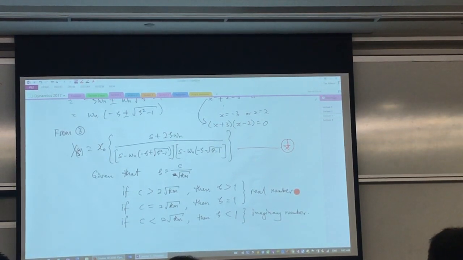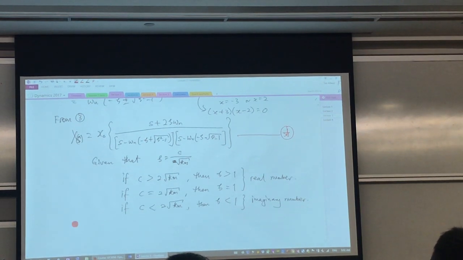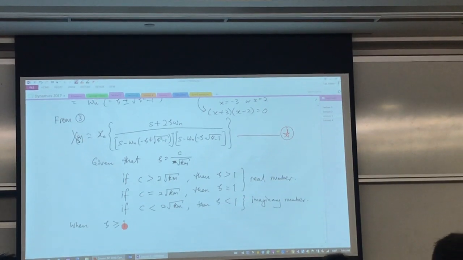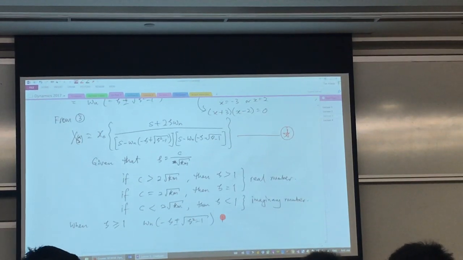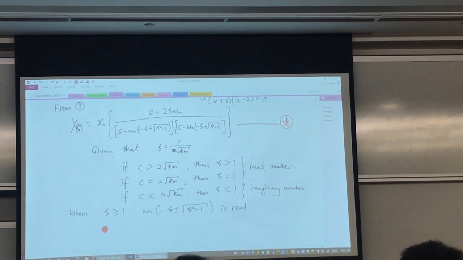So what I want to sum up is, when zeta is greater or equal to 1, that means your omega n term over here is a real number. And if zeta is less than 1, that means your roots are imaginary.